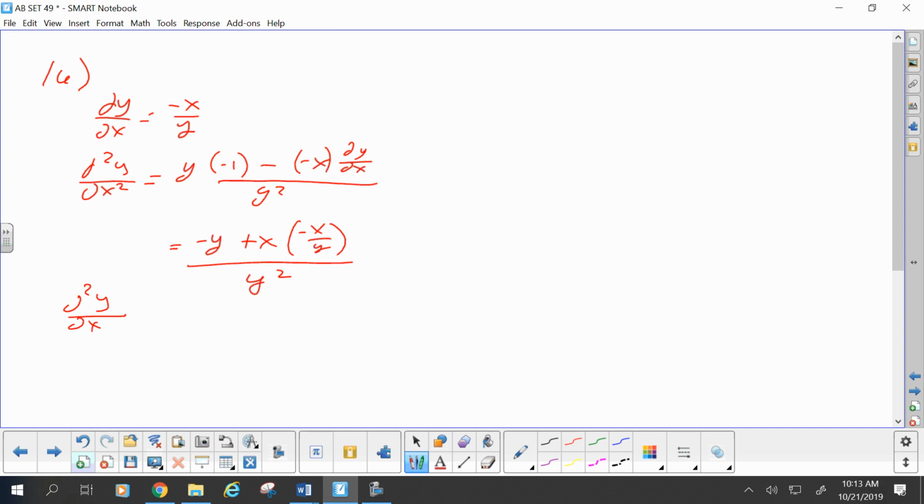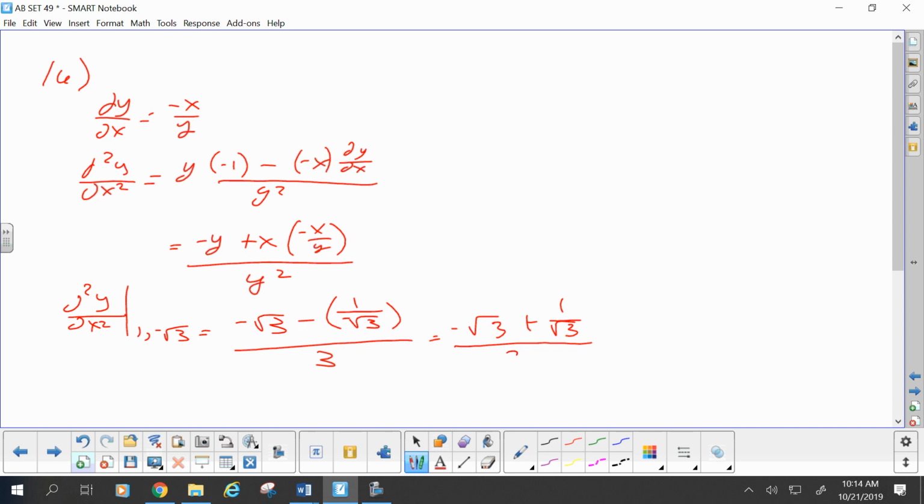The second derivative at (1, -3) then, negative root 3, is negative root 3, let's say minus 1 over negative root 3, over 3. So it would be negative root 3 plus 1 over root 3, over 3. Is that what you're saying?